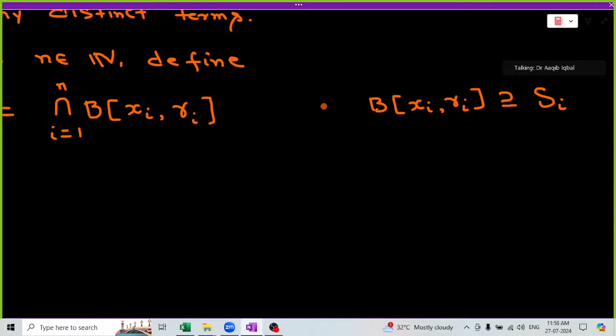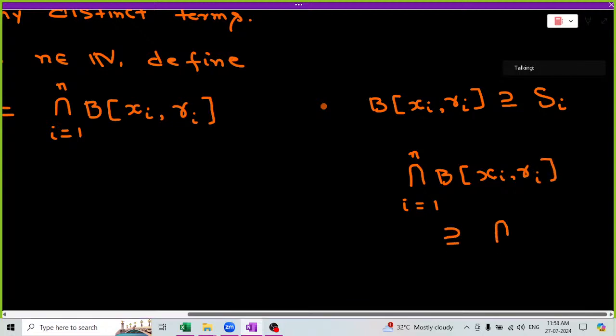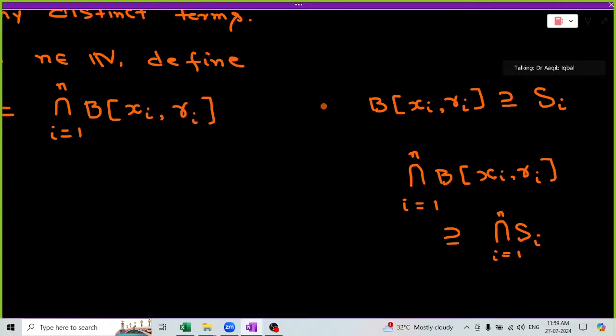And so if you take the intersection of these balls, I running from 1 to n, this will contain the intersection of I from 1 to n of SI, and I think that it will be equal to SN, because these SNs are also decreasing.